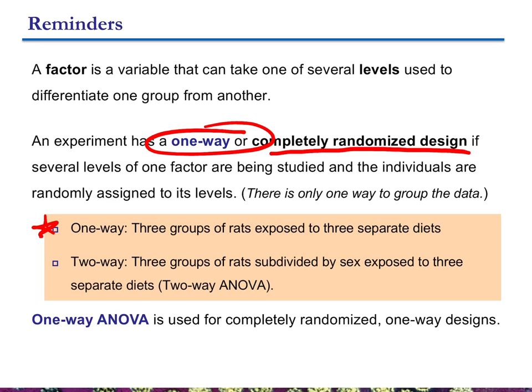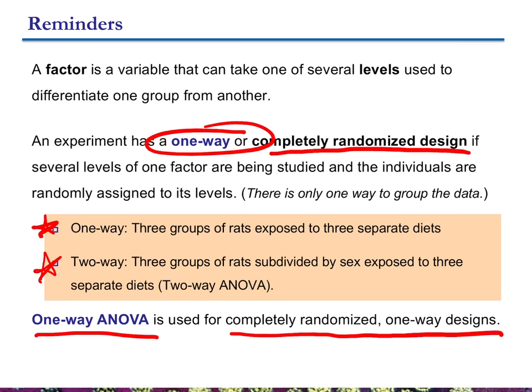So now you have 2 variables with multiple levels of each. That is referred to as a 2-way or a 2-factor analysis of variance. Okay, and it's much more complicated in the analysis, and that's something that we're not going to deal with in this chapter or this course. All right, we're looking only at one-way ANOVA, and that is used for what we call completely randomized one-way designs, which is what the rat example is.